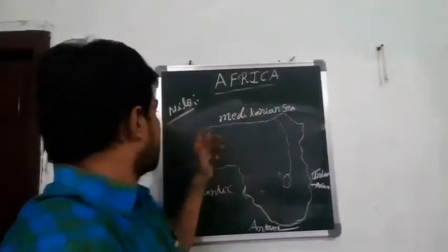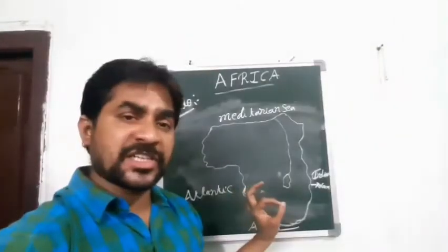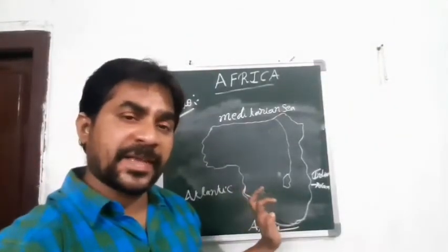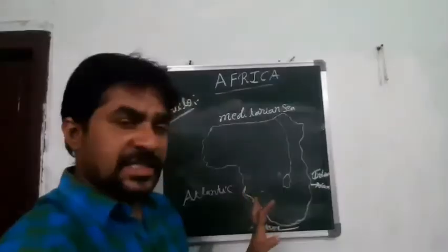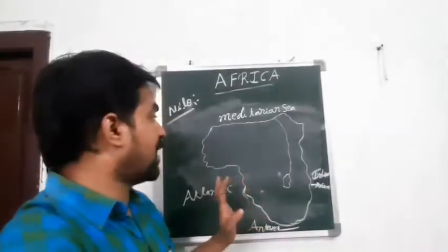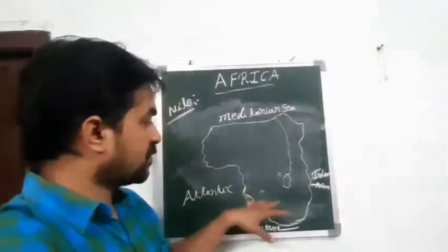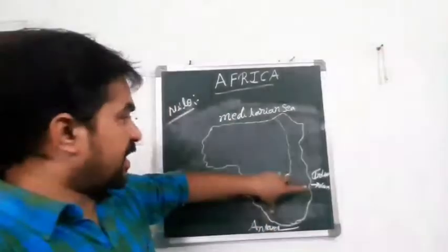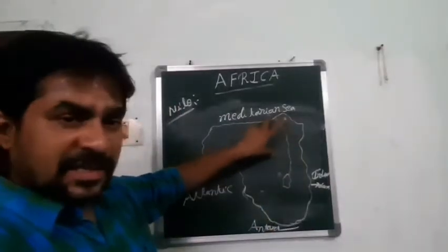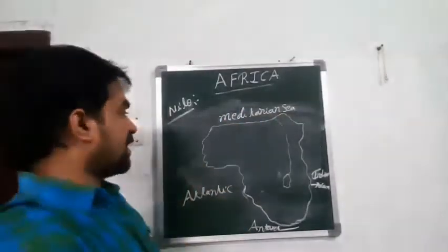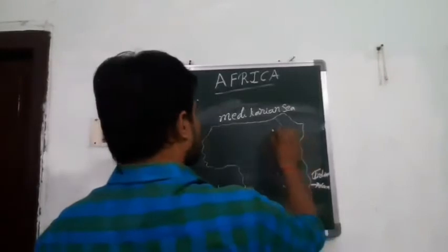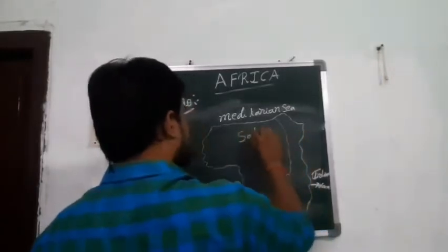See properly, the Nile river, one of the longest rivers in the world, starts from Lake Victoria, goes towards the northern side, and joins the Mediterranean Sea. And this river also goes through the Sahara Desert.